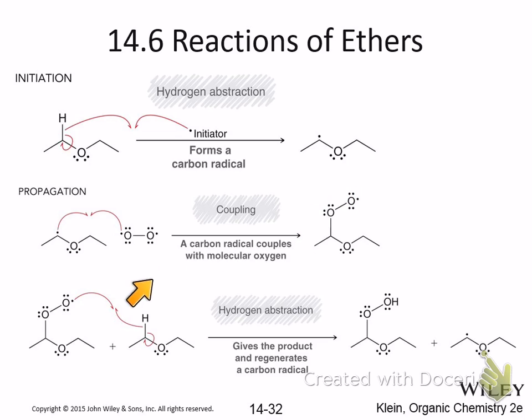Then this attacks another ether and produces the ether radical, which is what you have up here. So this is all the propagation steps right here. And this is the very explosive peroxy ether.